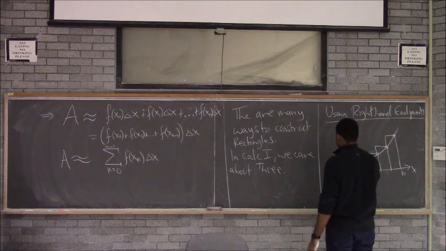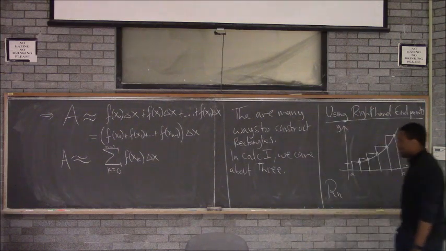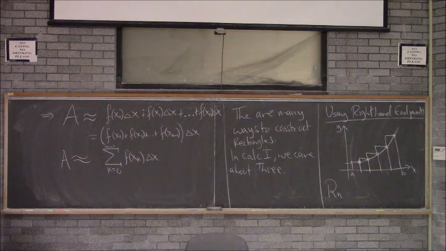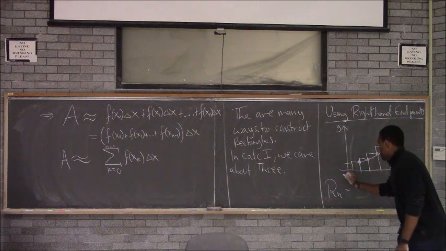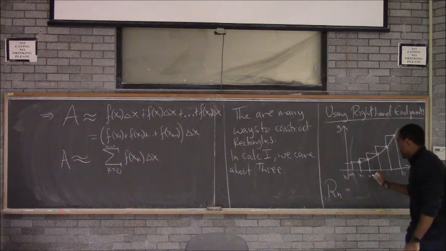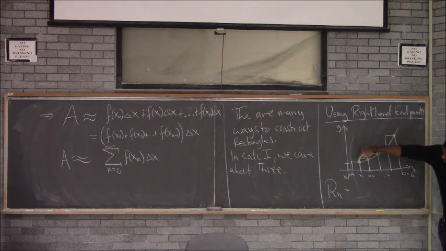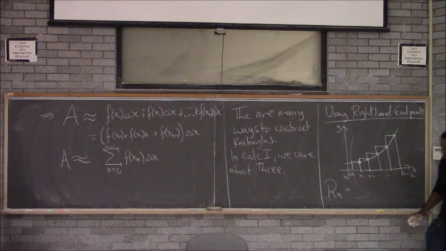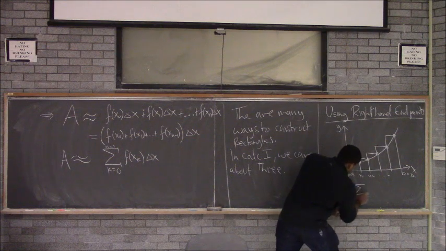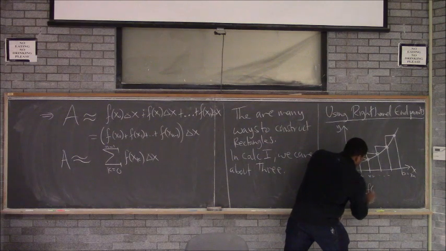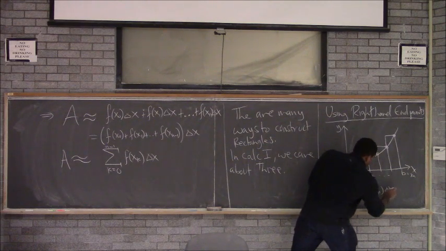Now the approximation here is called R sub n for the right-hand approximation using n rectangles. This is of course going to be, because this here is x0, that's x1, that's x2, all the way up to xn. Notice that it's going to start plugging in the x1 value to the function, then the x2, all the way up to the xn. So this is the sum as k goes from 1 up to n of f of xk times delta x.